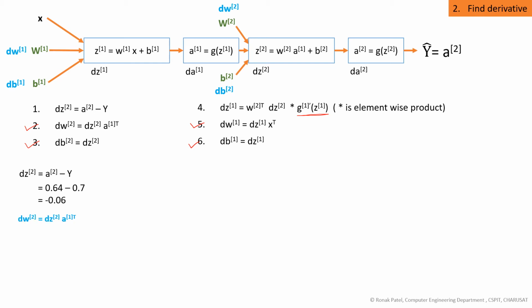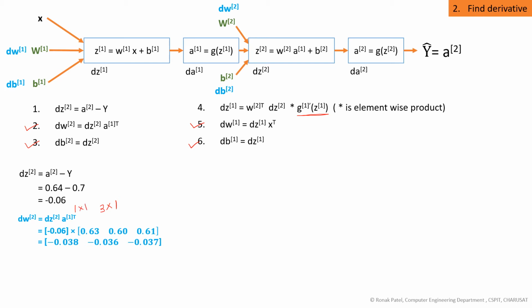Then dw2 is dz2 into a1 transpose. Why are we taking the transpose? If you recall the size of a1, it is 3 cross 1, and your dz2 is 1 cross 1.